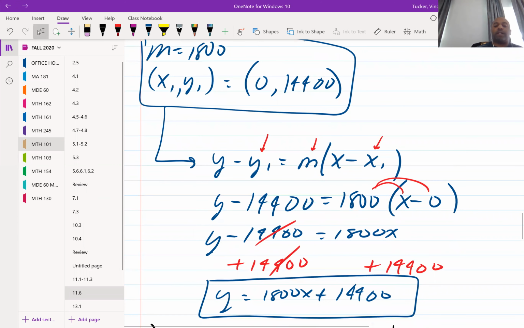Then add 14,400 to both sides, and that'll give us y equals 1,800x plus 14,400, excuse me. All right, questions on that?